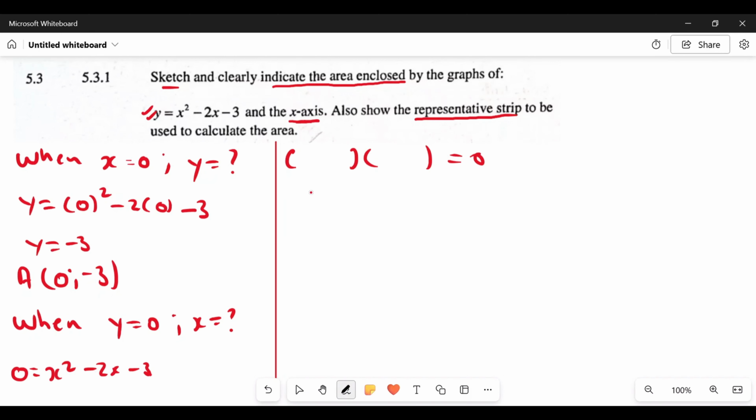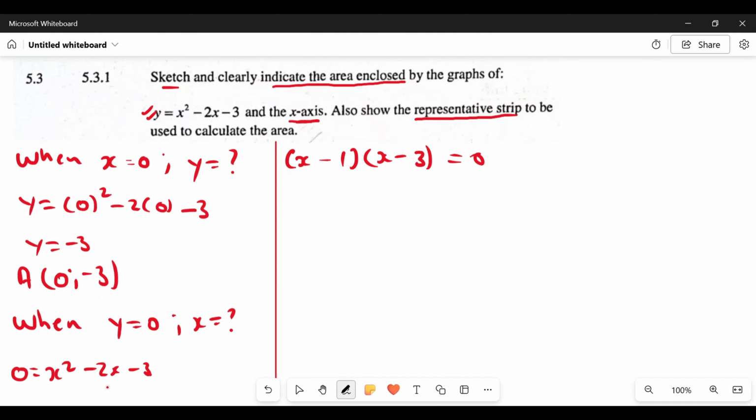We know that the factors of x squared are x and x, and the factors of 3 are 3 and 1. Now that in the middle term we have a negative and the last term we have a negative, it means one of these brackets is going to be positive and the other negative. But let me first put negative for both of them.